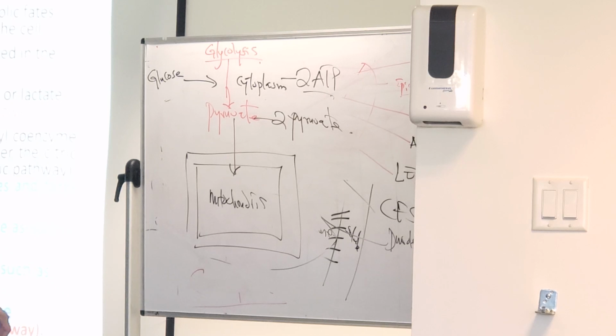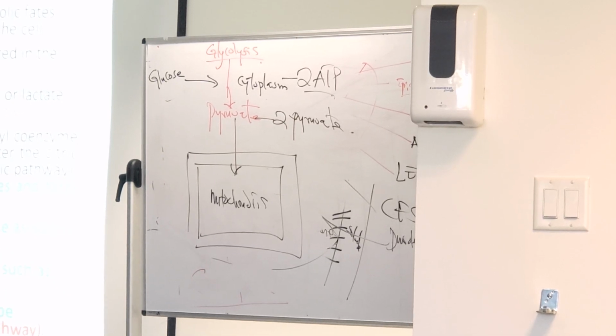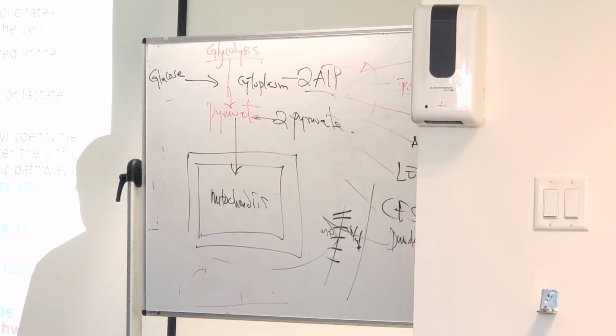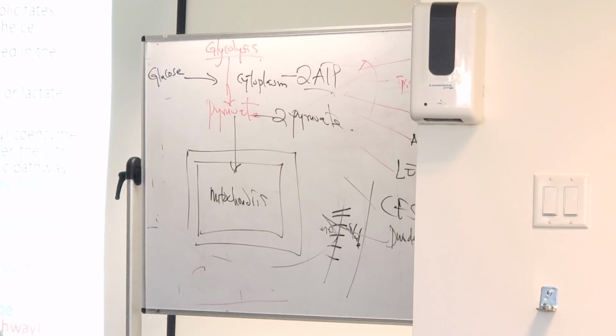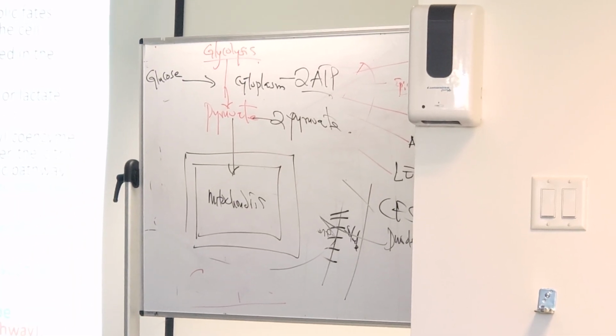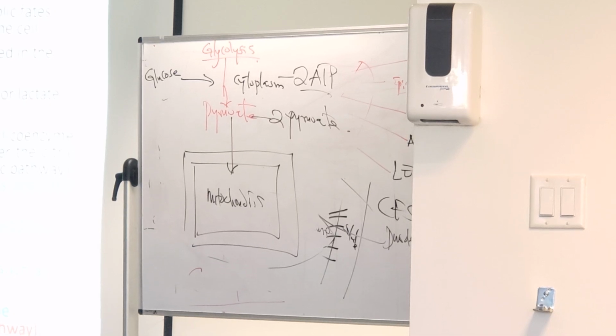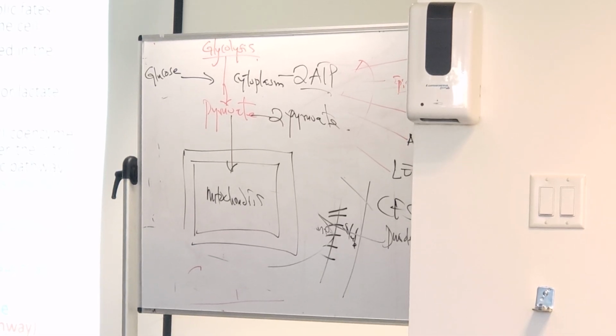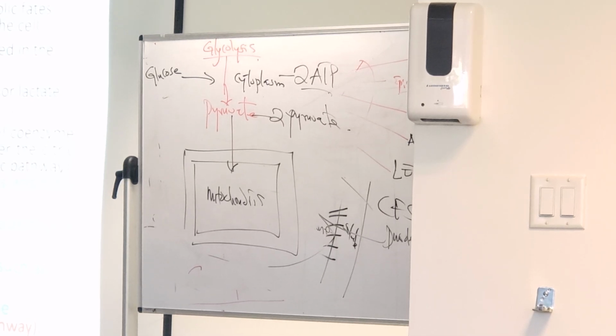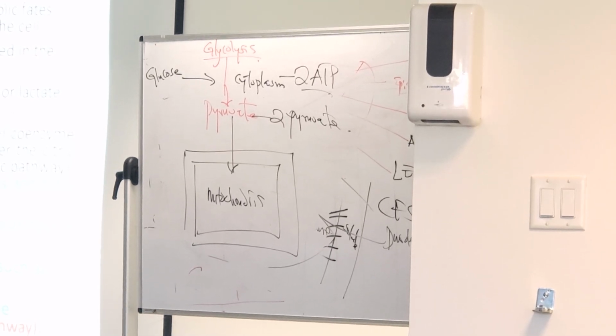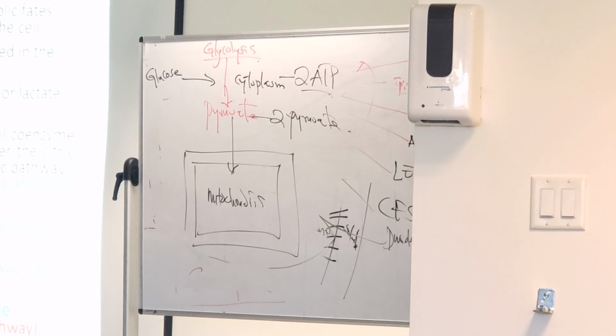Then pyruvate moves into the mitochondria and undergoes a decarboxylation reaction inside the mitochondria. So it is imported across the inner mitochondrial membrane and moves into the mitochondrial matrix, undergoes decarboxylation reaction, producing carbon dioxide and acetyl-CoA.